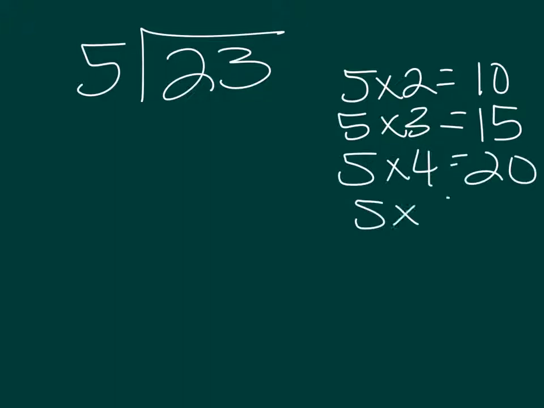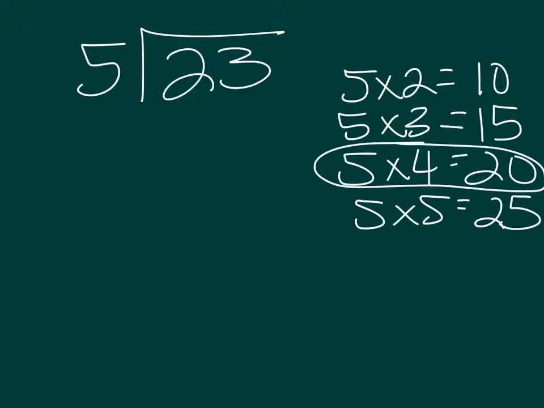And 5 times 5 is 25. Which one gets me closest to this 23, but doesn't go past it? It's not bigger. That is going to be the 5 times 4 is 20. So 5 times 4 would be 20.